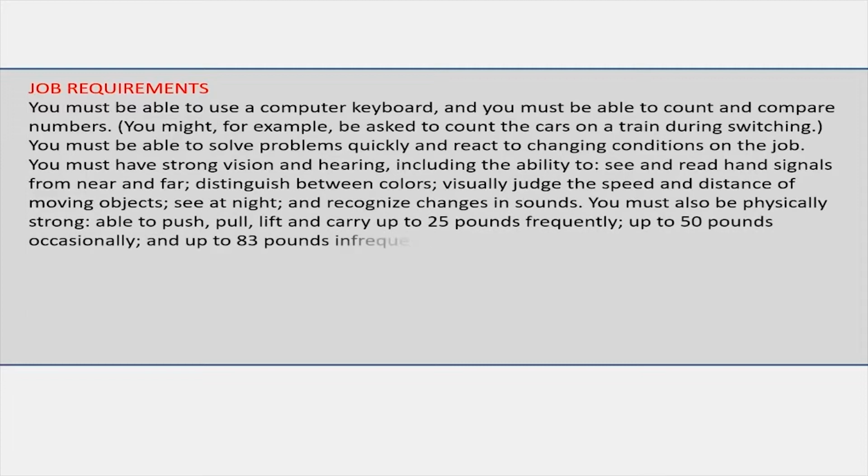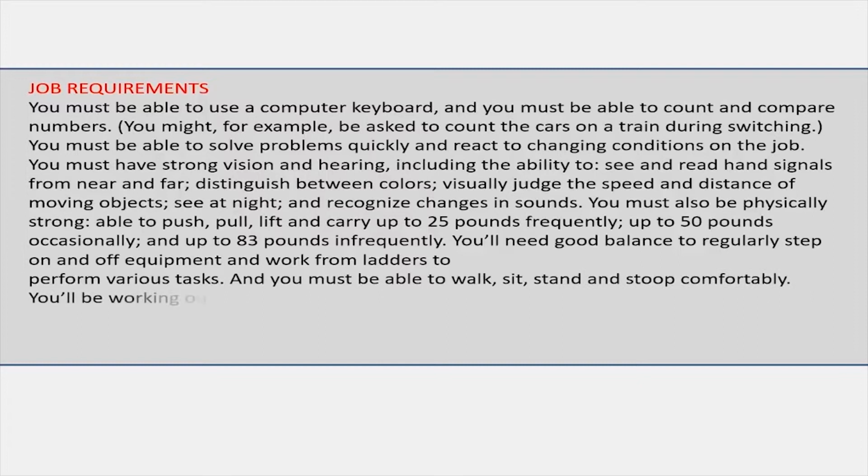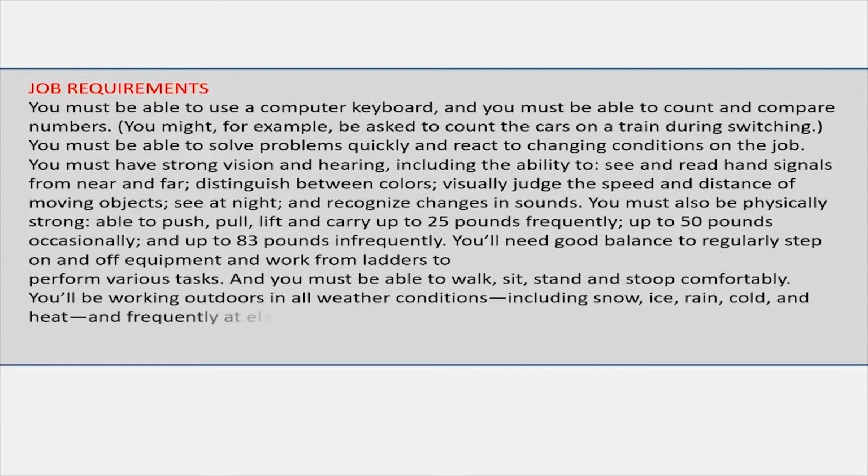You must have strong vision and hearing, including the ability to see and read hand signals from near and far, distinguish between colors, visually judge the speed and distance of moving objects, see at night, and recognize changes in sounds.